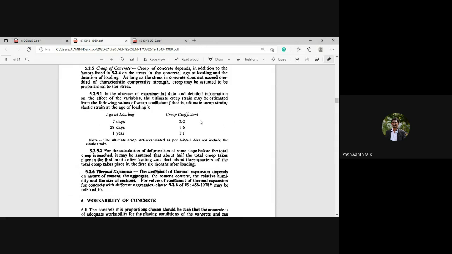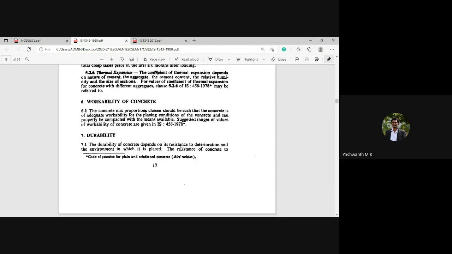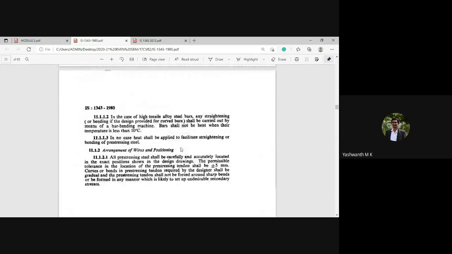Then the loss of pre-stress can be calculated as creep coefficient multiplied by modular ratio multiplied by fc, that is the compressive stress in concrete at the level of steel. You will get the loss of pre-stress due to creep of concrete. Is it clear? Next, we will move on.